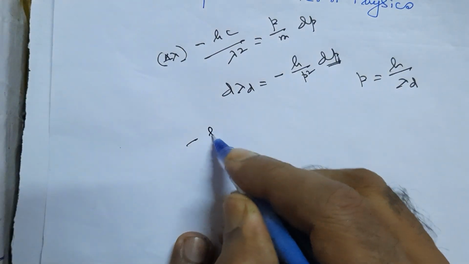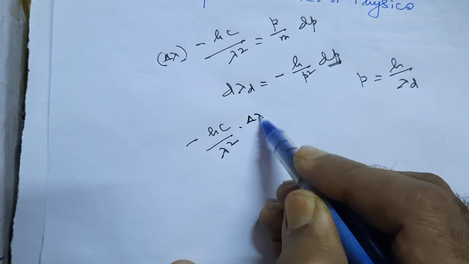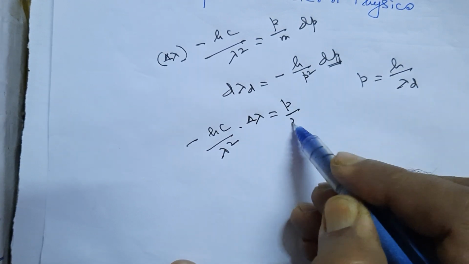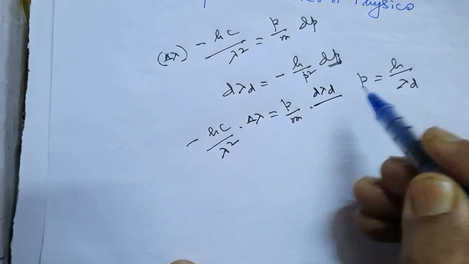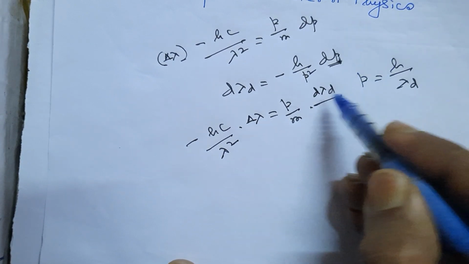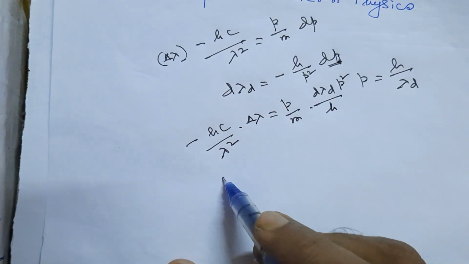Then we find that minus hc by lambda square into delta lambda equals p by m into dp, and dp means d lambda d into p square by h.